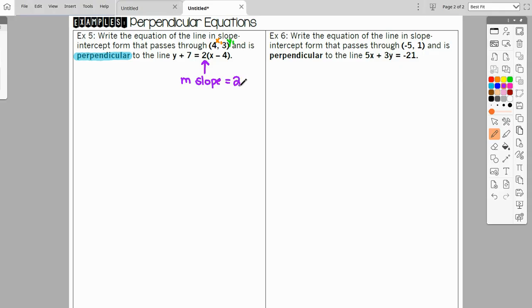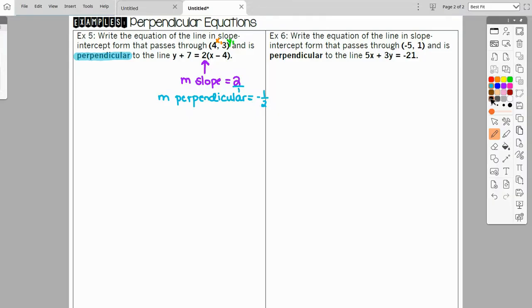But this time, to make it perpendicular, remember I have to do 2 things. I'm going to do the opposite sign, so it will be a negative instead of a positive. Then I have to flip it. Now, to flip it, I have to put 2 over 1, so that way I can write it as 1 over 2, that's negative. And that's my perpendicular slope.